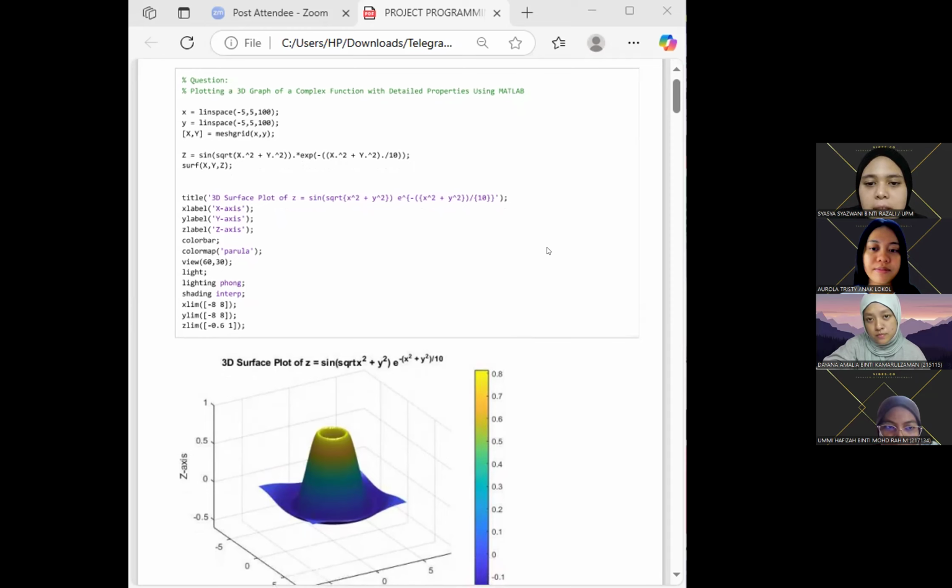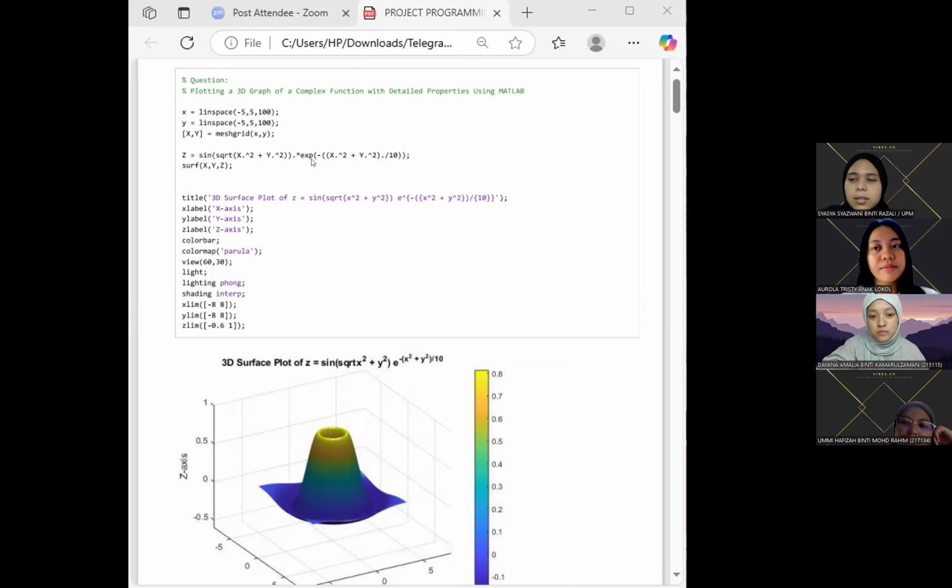The function is sin of the square root of x squared plus y squared, multiplied with exponent of negative x squared plus y squared over 10. This equation combines two elements, a sine function and an exponential function. The sine function introduces a wave-like behavior, while the exponential part causes the wave magnitude to decrease as we move away from the origin.